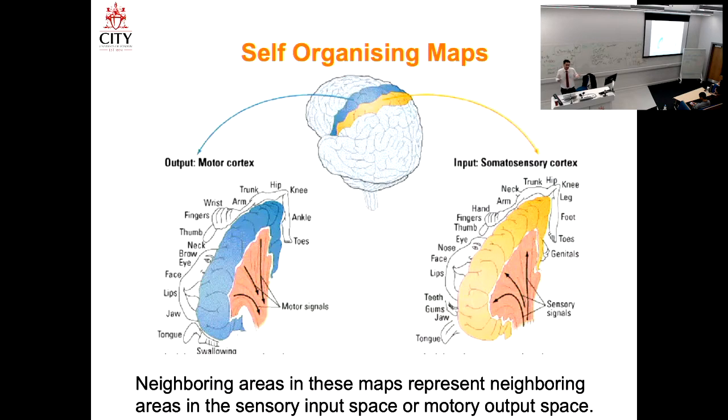In our brain, as you can see in the motor cortex and the somatosensory cortex, we have neighboring areas that are spatially close. So you have the motor areas here, for instance for your toes, ankle, and knee, and they are adjacent, close to each other in our brain.